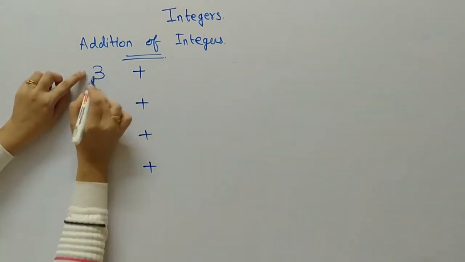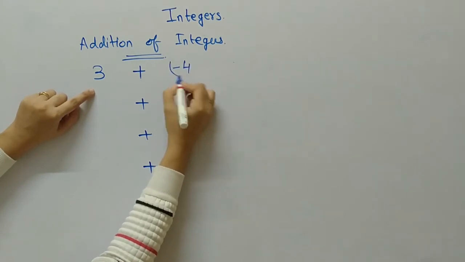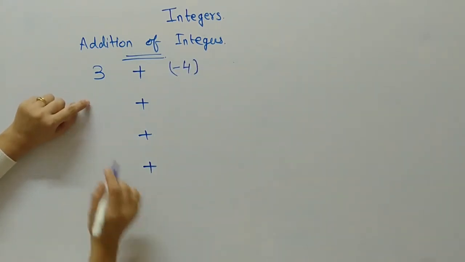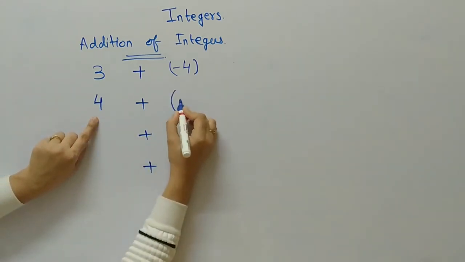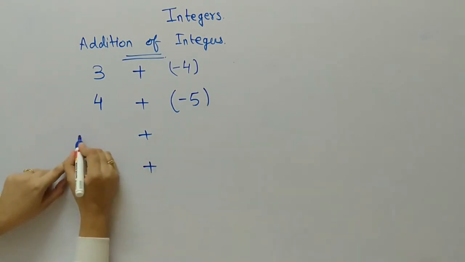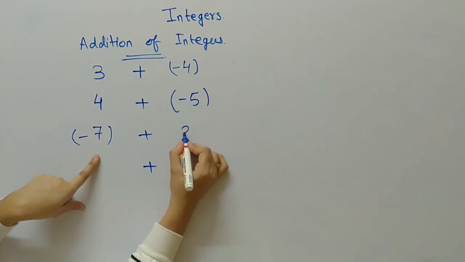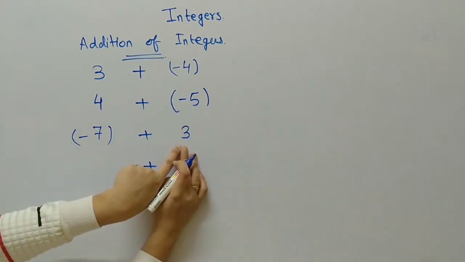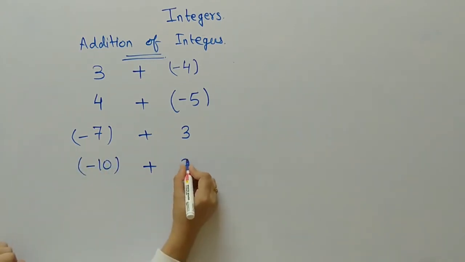Suppose 3 is a positive integer and -4 is a negative integer. 4 is a positive integer and -5 is a negative integer. -7 is a negative integer and 3 is a positive integer. -10 is a negative integer and 2 is a positive integer.